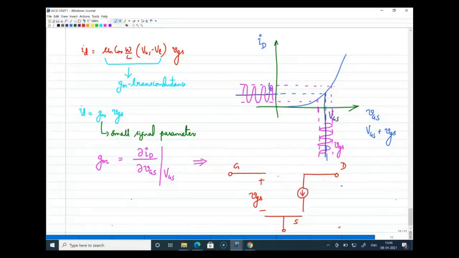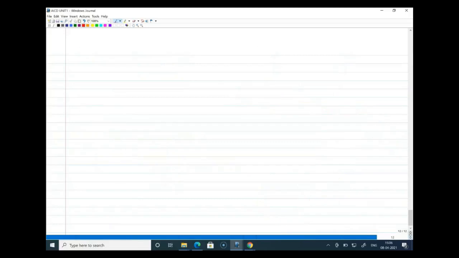Current value is ID, equal to small gm into VGS. This is your primary model of the MOSFET, or we call this the ideal MOSFET model. Any questions on this?